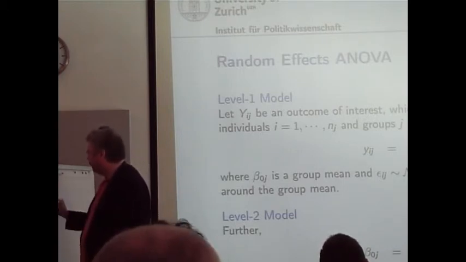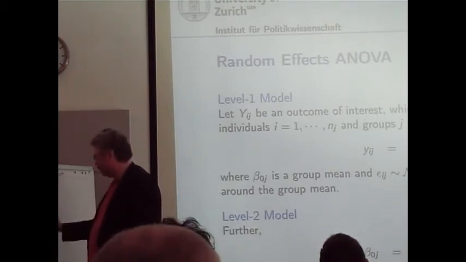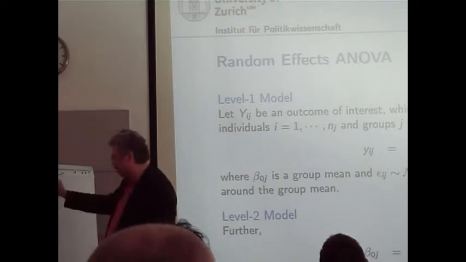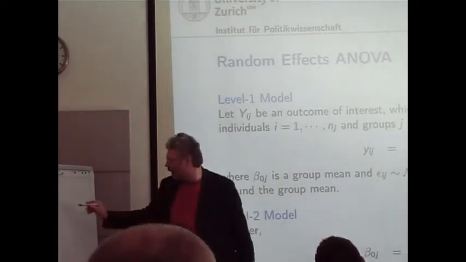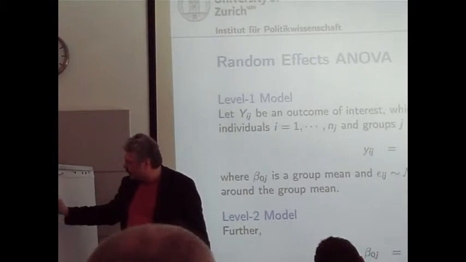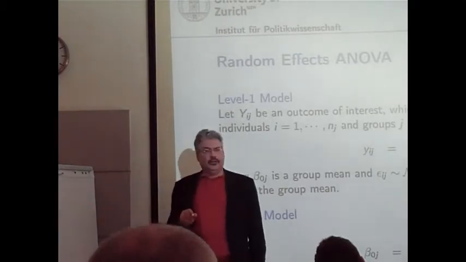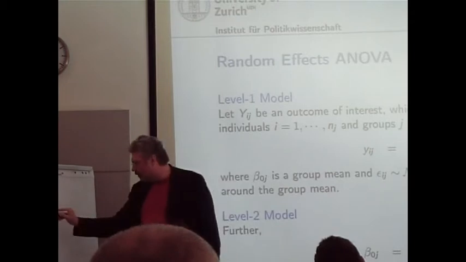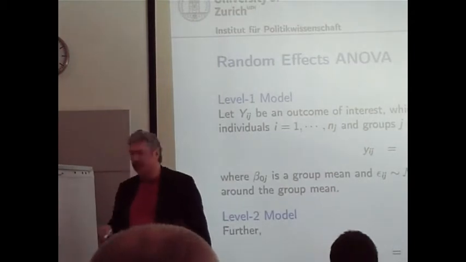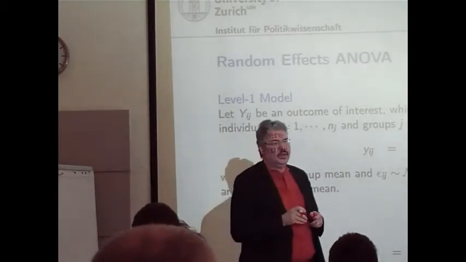So we have my j's here, and I have two individuals that belong to the first group, and I have three individuals that belong to the second group.